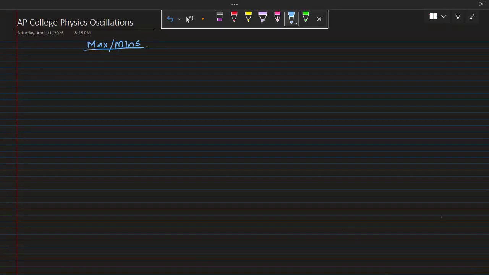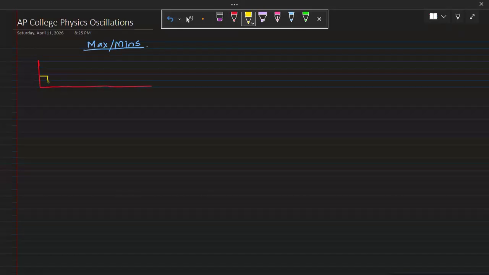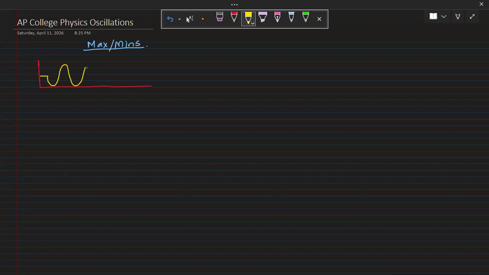The question is about having this system where the spring is attached with the mass, right?